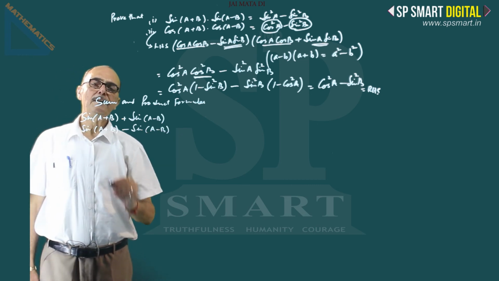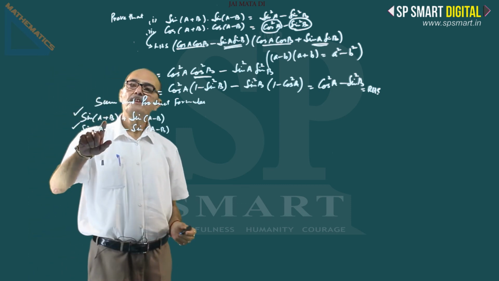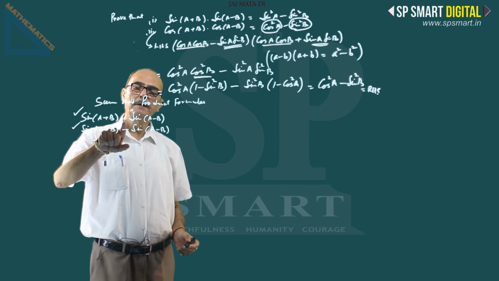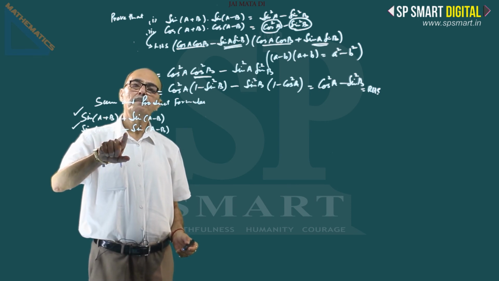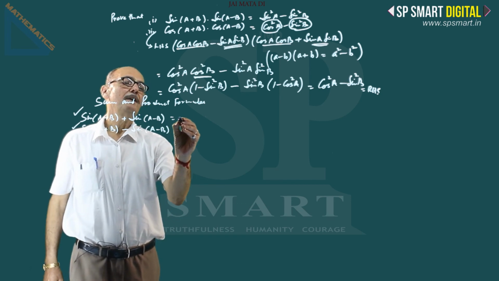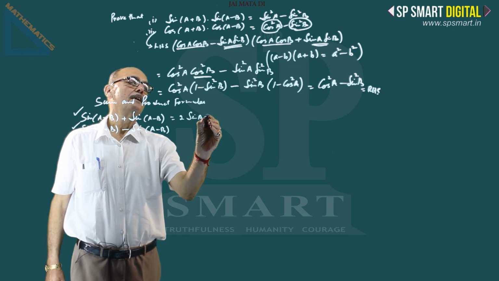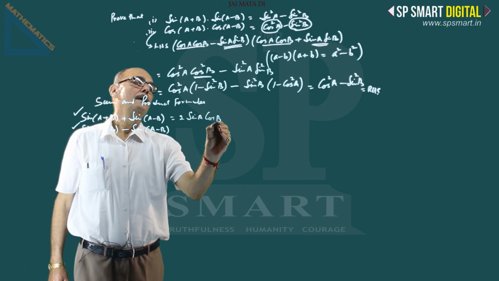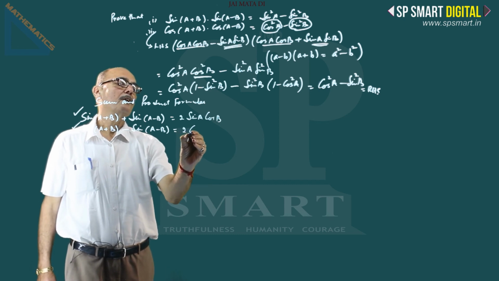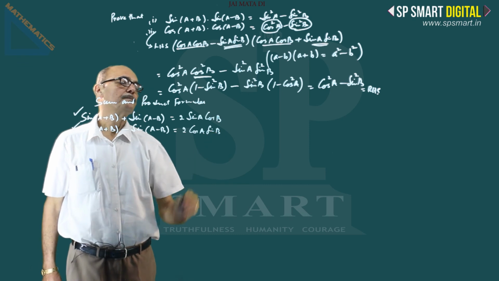If we compare these two results, sin sum and sin difference, in between you have plus, and here in between you have minus. If it is plus, on the right side you will have twice sin A first, cos of B, and if you have minus in between, you have twice cos first and sin later.